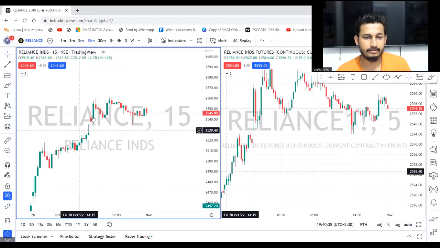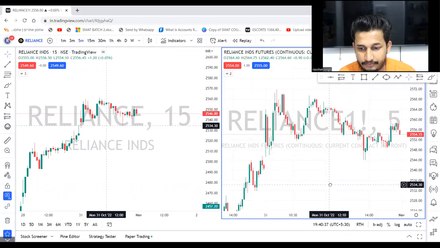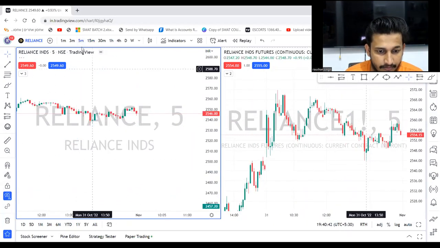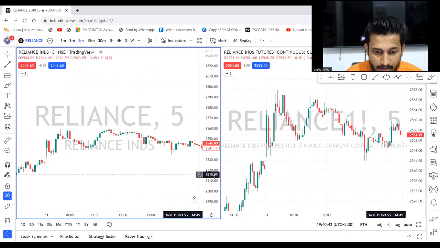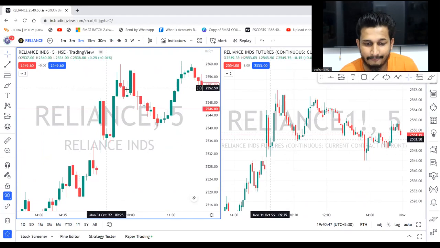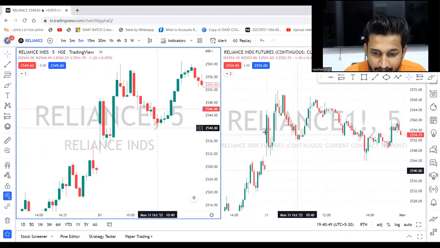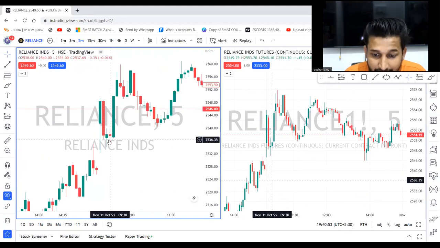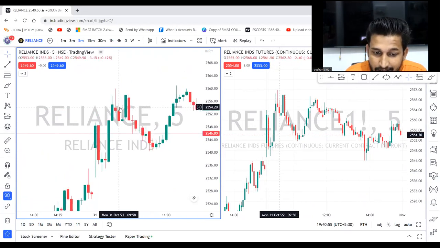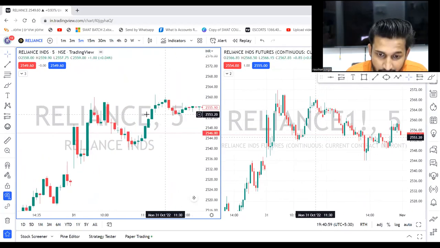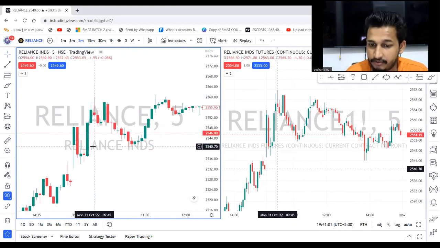Now if you notice the Reliance stock and the Reliance futures, the movement is exactly the same. First candle, second candle, third, fourth, fifth, sixth. Almost the movement is going to be the same.